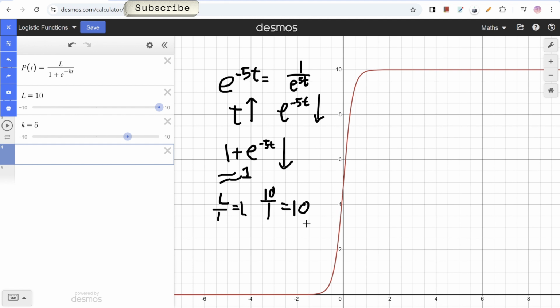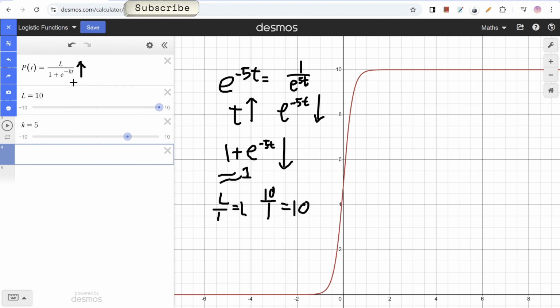So essentially, as this value decreases, L over 1 plus e to the power of negative kt actually increases. But it has a boundary of increasing, because e to the power of negative kt can never be below 0.